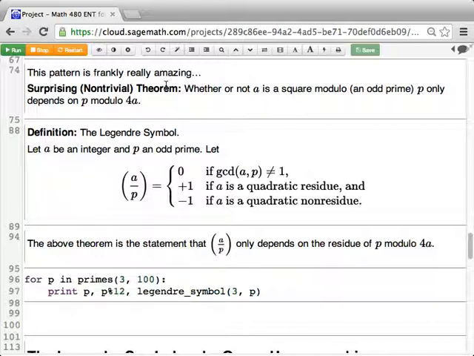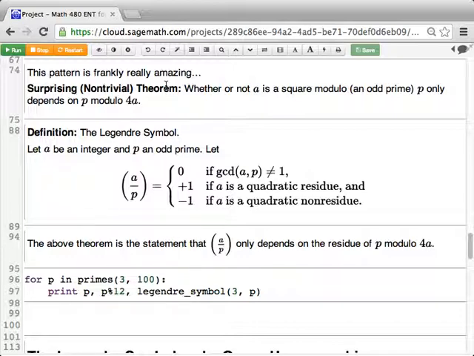So when you're coming up with a number to work modulo to look for the pattern, it's 4 times a. 4 times 2 is 8. 4 times 3 is 12. So that's it. Deciding whether or not a number is a perfect square mod p is equivalent to taking p modulo 4a, and you'll find a pattern.